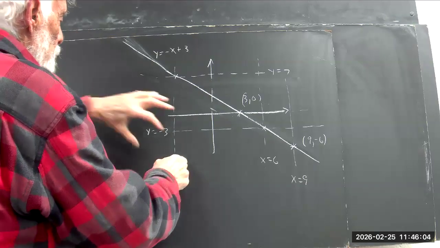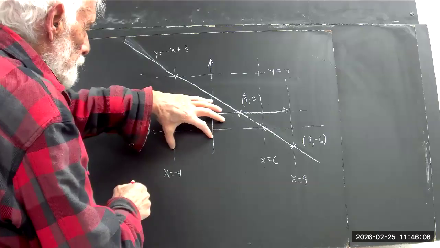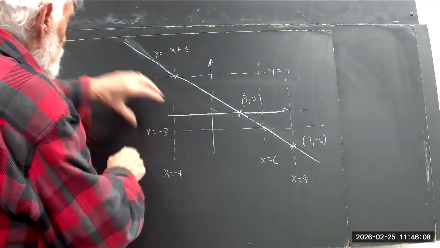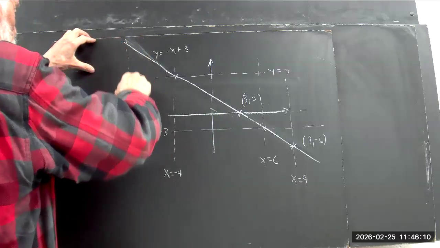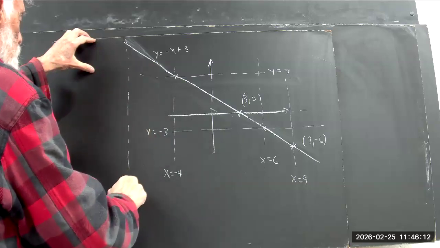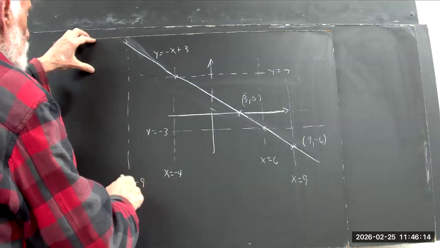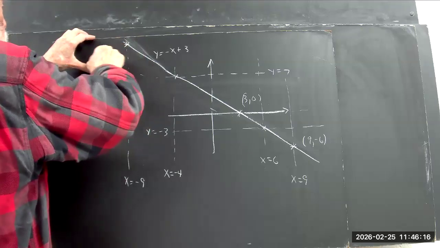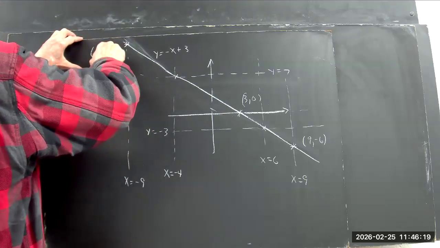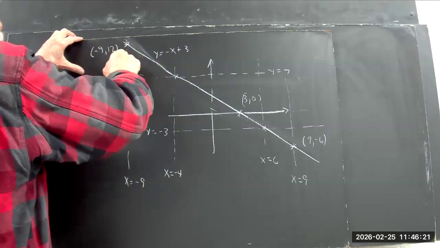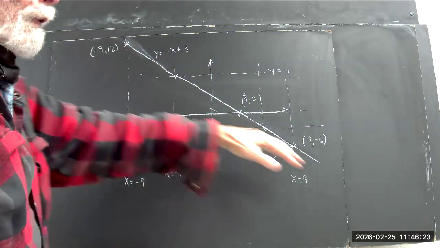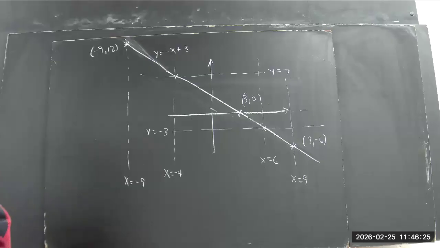Then x equals -9 will be, there's -4, there would be -8, here's -9. This point would be -9, 12. That's all the information that we obtained from the quiz problem.